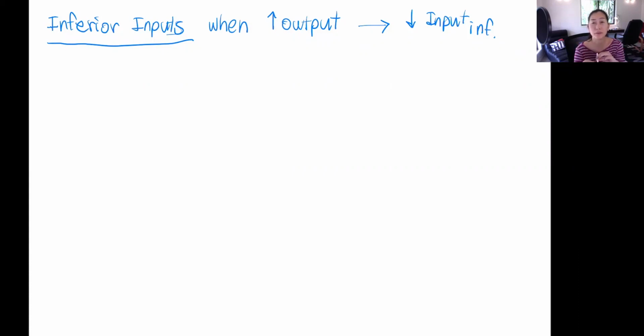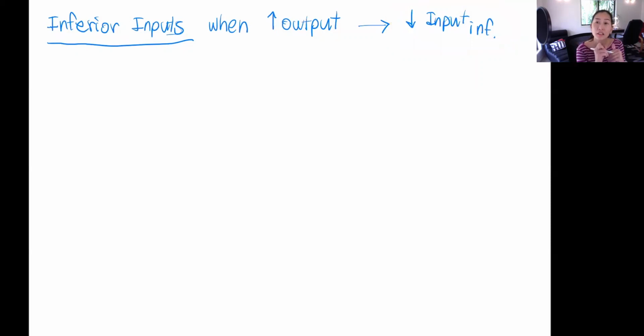So you would imagine that human should be viewed as the inferior input rather than robot. Why? Because when you want to increase the production, you would possibly reduce the human input and instead switch to a more robot-intensive production.